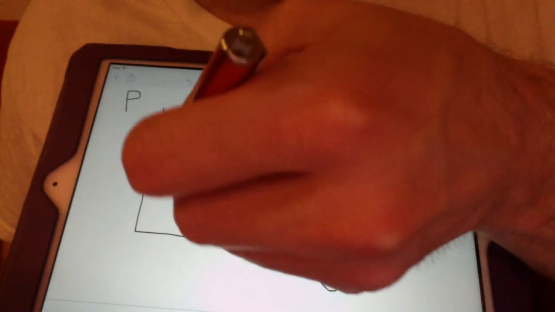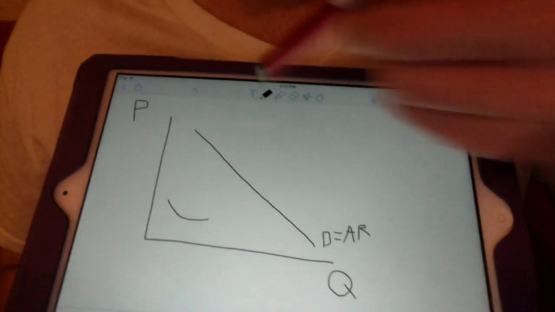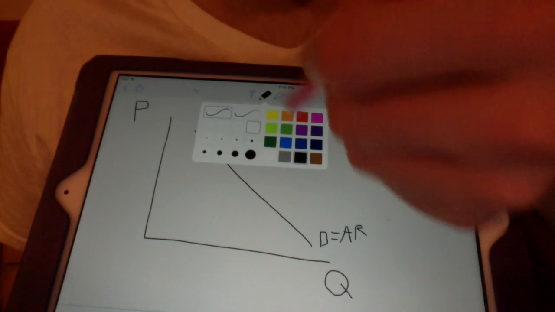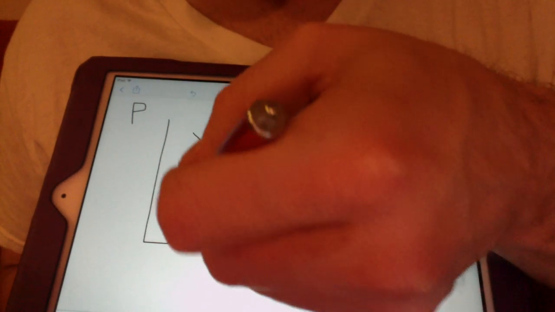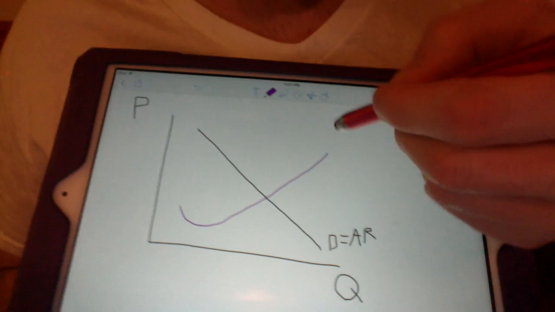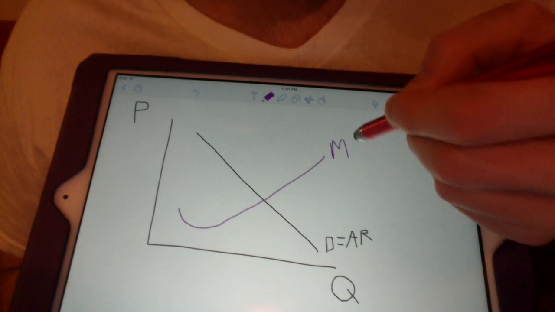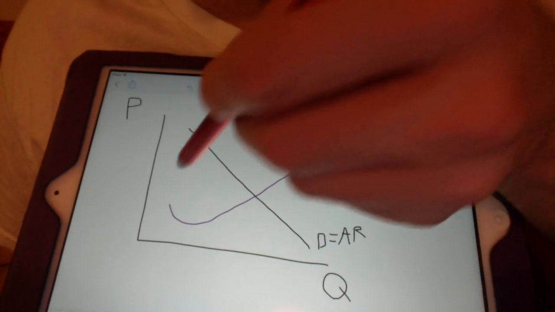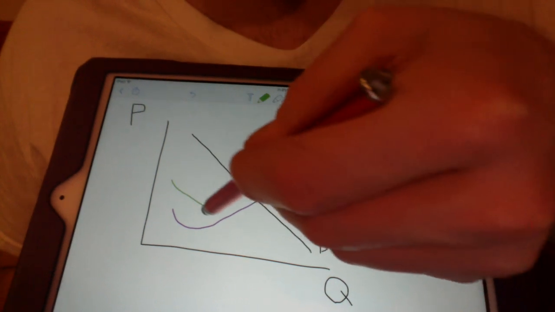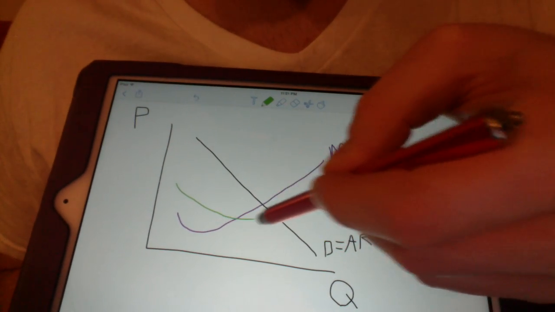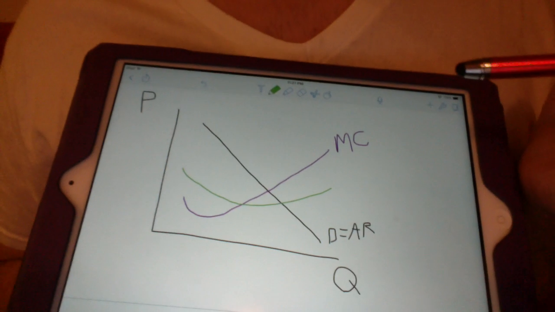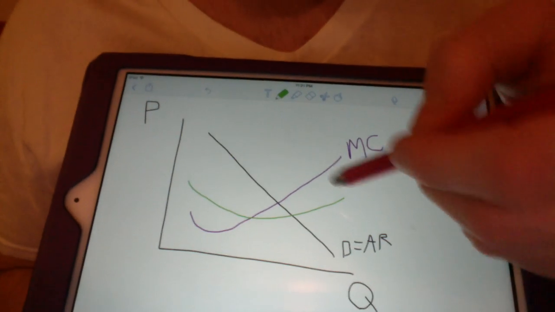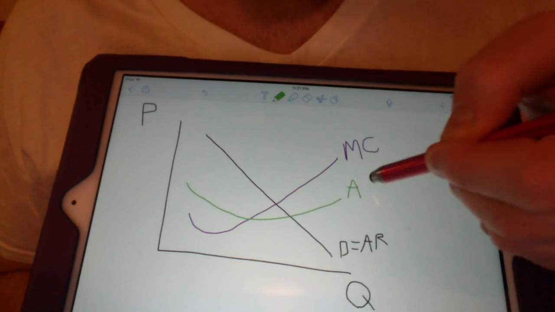Let's make ours a little bit of decrease in the beginning, but eventually we're going up. I'll also do this in a different color just to distinguish it. We'll do it in a nice purple. There's our marginal cost. Average cost is going to be in green. Here's our average cost. Remember, your low point on the average cost is where it equals marginal cost. Marginal cost pulls average cost in its direction.